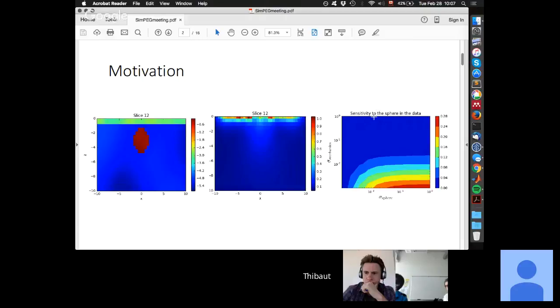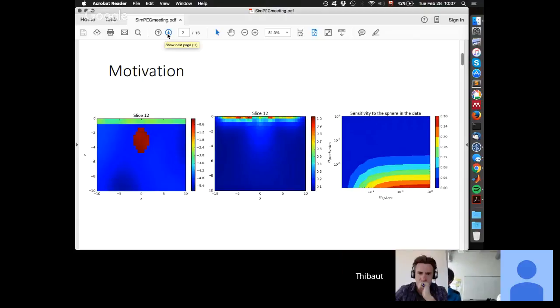Here I have the overburden conductivity, here I have the sphere conductivity, and I'm somewhere around here for my model. So I have a change of at least 10 to 15% of the data due to the sphere. So I detect it. The question is whether I can retrieve it after that in the inversion. That's the motivation at the beginning of what I'm going to show you today.